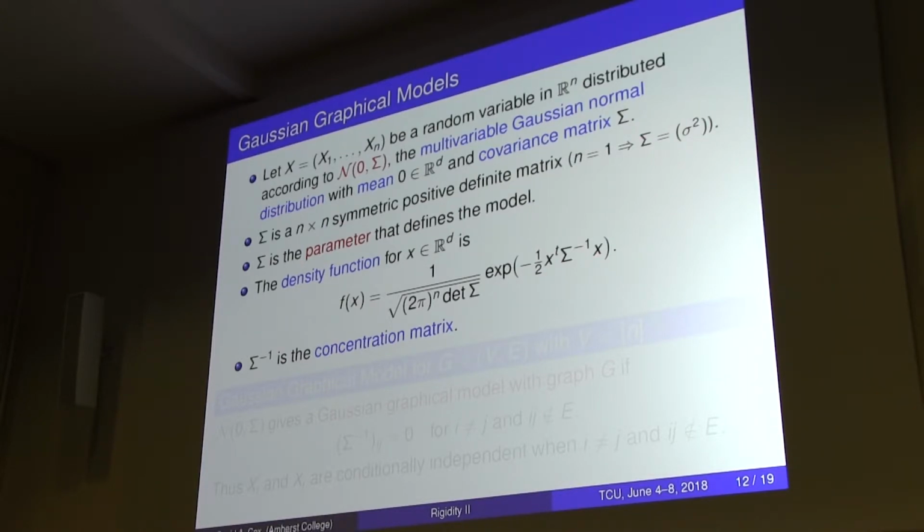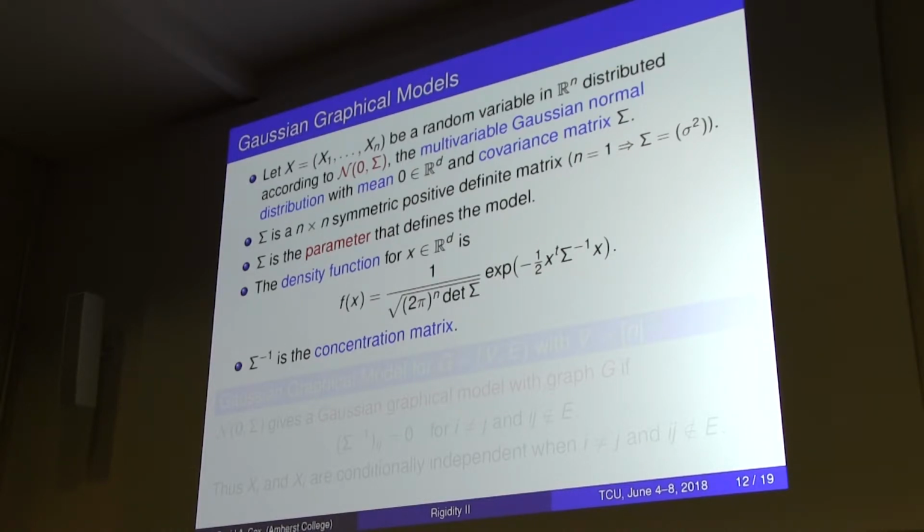Of course, in the case n equals 1, sigma inverse is 1 over sigma squared. Before I just had n equals 1, but now I get the full story here. And so that's the density function. To find the probability that something's in a region of Rn, you just integrate this over that region of Rn. This is sometimes called the concentration matrix.